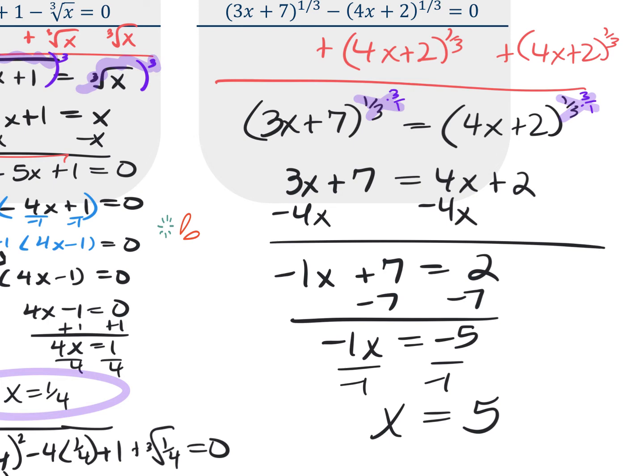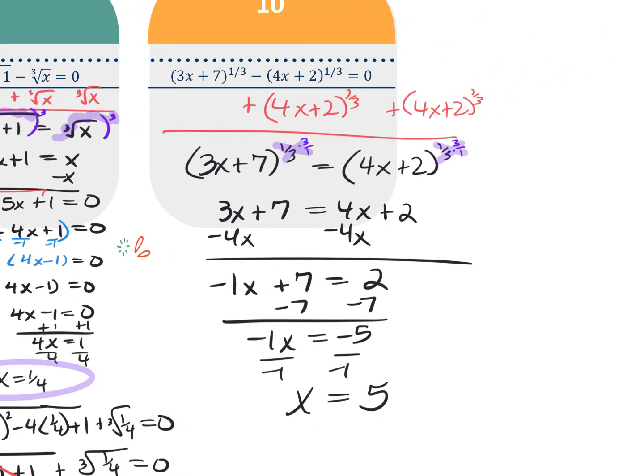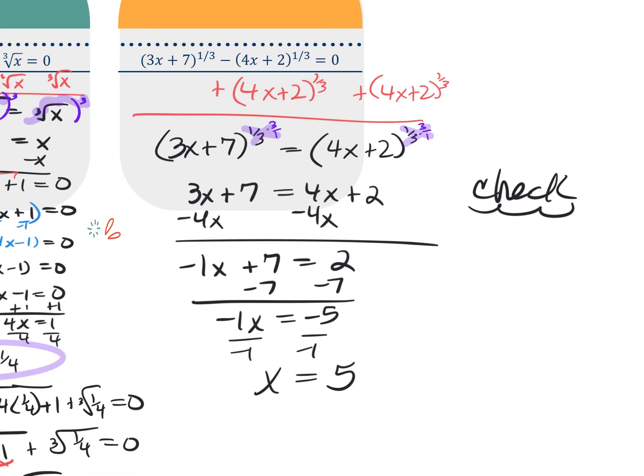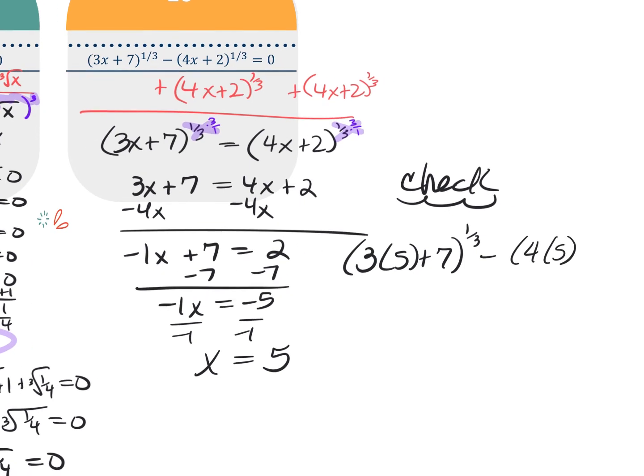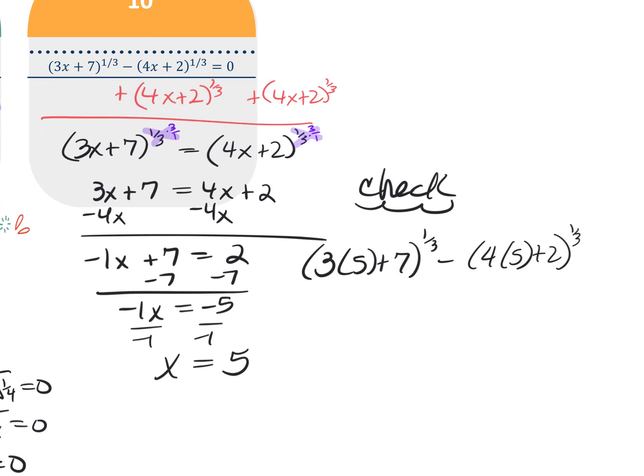Now I have to do a quick check here. So my check, I'm going to plug in 5. So (3 times 5 plus 7) raised to the 1/3 power minus (4 times 5 plus 2) raised to the 1/3 power equals 0.